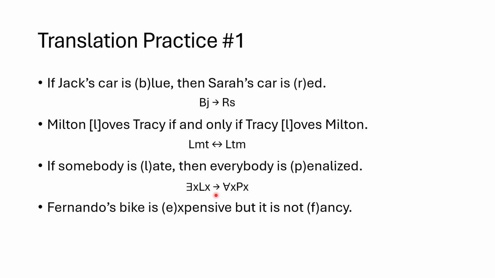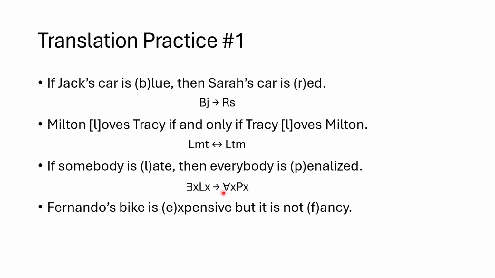So here is our if-then with our arrow, and if we look at our antecedent, so if somebody is late, L is our one-place predicate. Who is the person being late? Well, we don't know, but we know that it doesn't apply to everybody. It's just saying if there exists somebody who is late, that's the antecedent, and then the consequent, then everybody is penalized. So P is our predicate for penalized, and then who is that applying to?